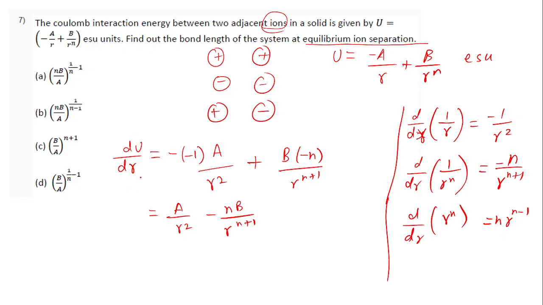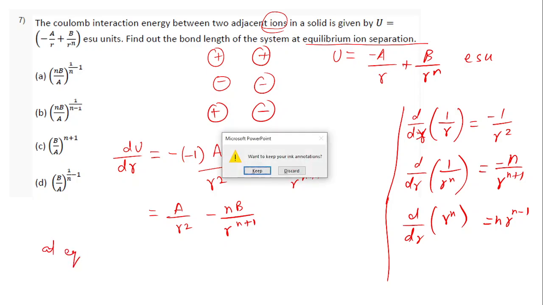Now this derivative will be equal to 0 for equilibrium.